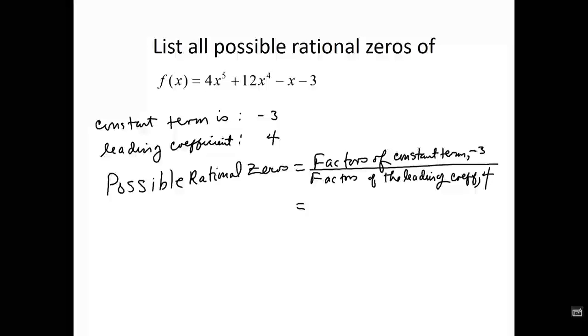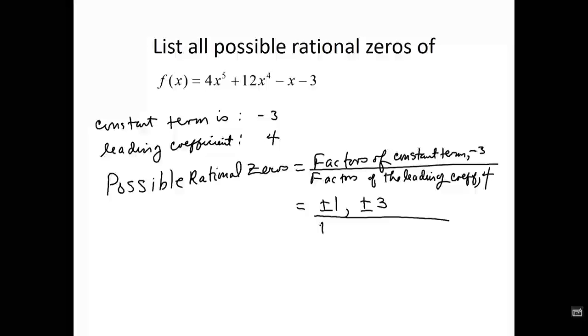So the factors of the constant term, a negative 3, would be plus or minus 1, plus or minus 3, divided by factors of the leading coefficient 4. So let's consider the factors of 4.